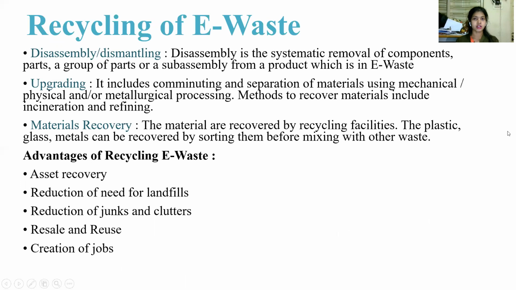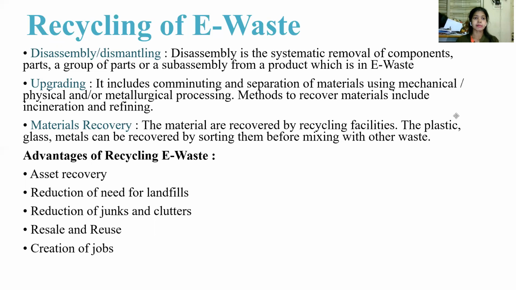The recycling of the e-waste has three ways: dismantling, upgrading, and material recovery. Disassembly or dismantling is a systematic removal of the components, parts, and group of parts or sub-assembly from a product, which is an e-waste.